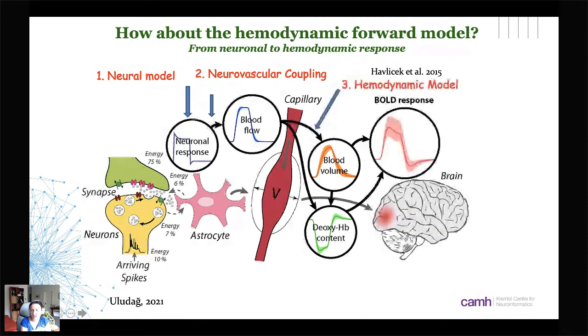And the change in blood volume and deoxyhemoglobin content is reflected in the signal that we measure, the BOLD response. And so the hemodynamic response model is parameterized in such a way as to essentially describe this mechanism of going from the neural response to the neurovascular coupling and to the hemodynamic model that gives rise to the BOLD signal.